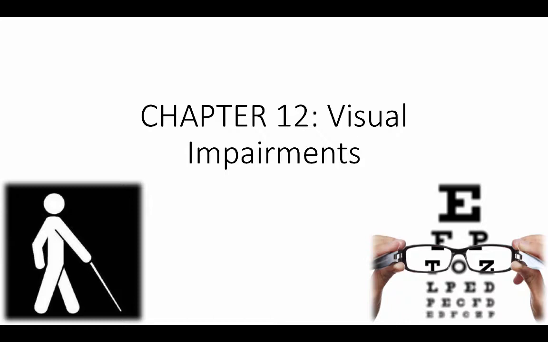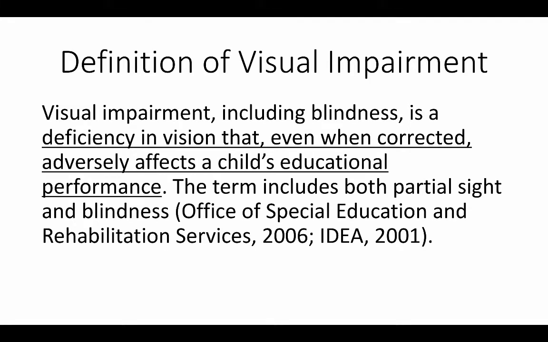So let's get started. The definition of visual impairments through IDEA also includes blindness. The most important thing to remember is that it's a deficiency in vision that, even when corrected, adversely affects a child's education performance. So that doesn't mean someone that has a slight visual impairment and is able to get corrective glasses; that wouldn't fall under visual impairment.